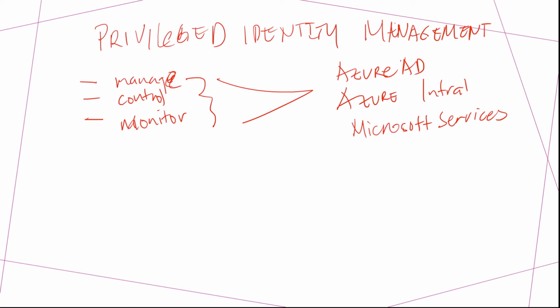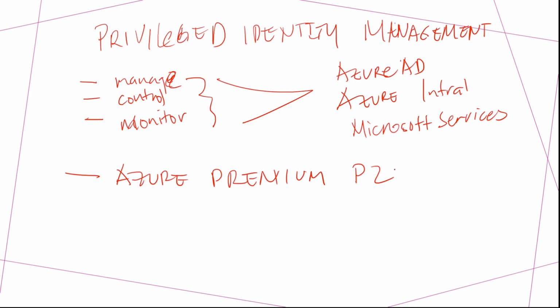Also with PIM, you will be able to give just-in-time access by setting up the durations of their eligibility or their active assignments, which is a very strong security concept to secure your Azure environment. Also, remember that you will need an Azure AD Premium P2 license in order to use PIM.